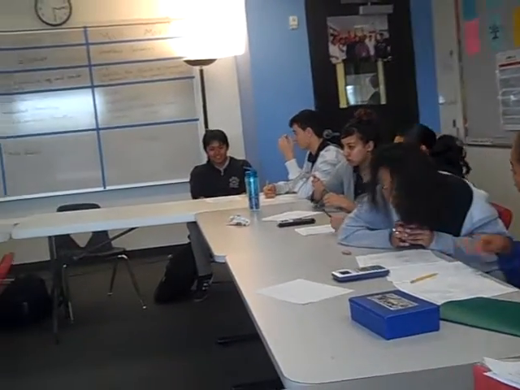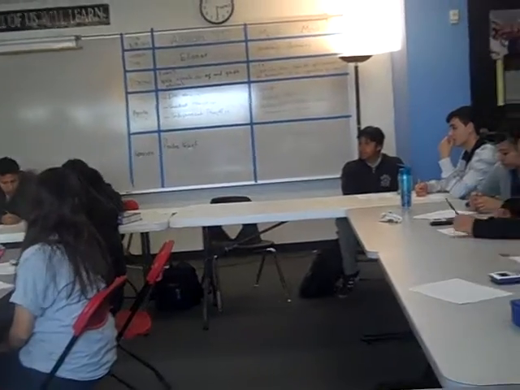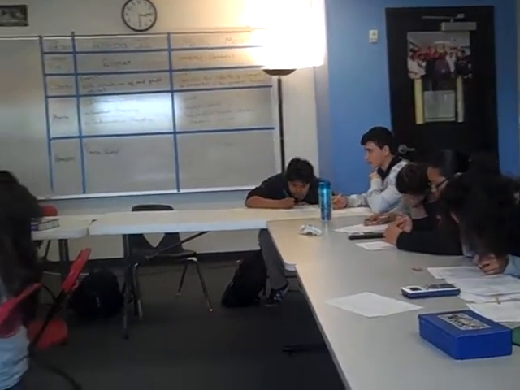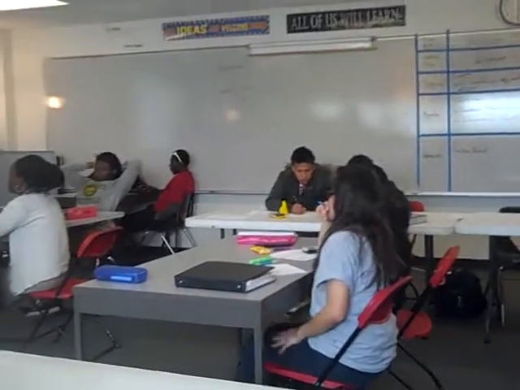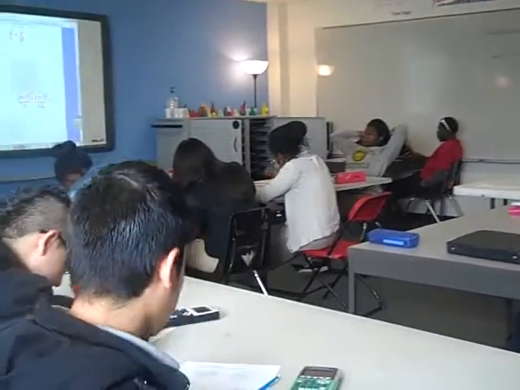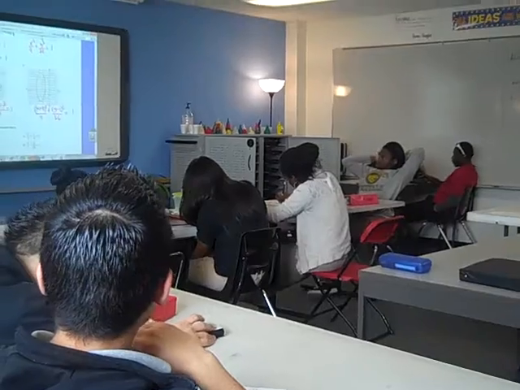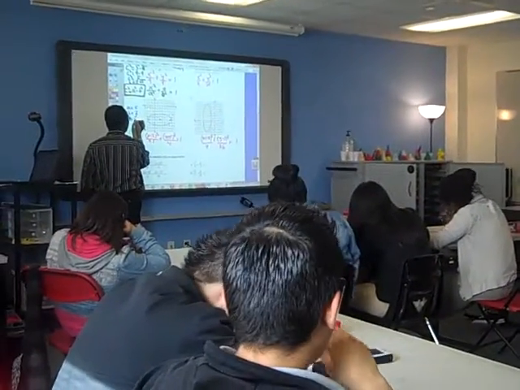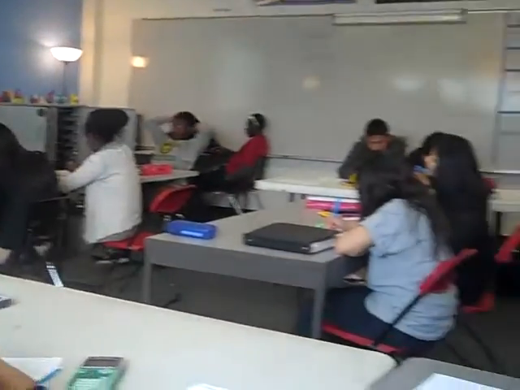Okay, Eric, where is the center of this ellipse? 2 and -5. Okay. What is A? Good. What is B? 2. Okay, what is C going to be? Plus or minus the square root of 21, approximately what? 4.6.